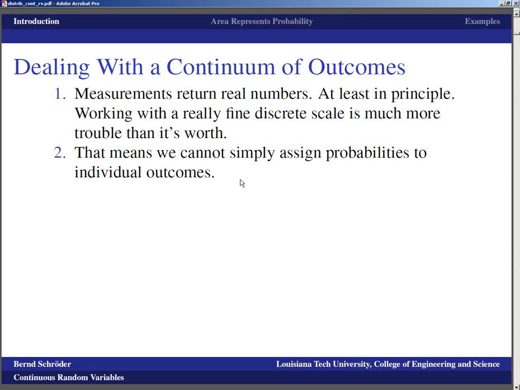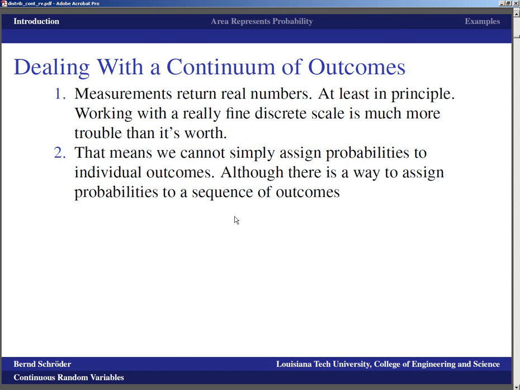And so basically that means we really have to make friends with this idea that we no longer have discrete outcomes, and one of the first consequences is that when you're working with a continuum of outcomes, then we cannot simply assign probability to individual outcomes, because there is a way to assign probabilities to even an infinite sequence of discrete outcomes, but, and there are some very good abstract reasons behind that, the continuum of real numbers, the interval from negative infinity to infinity, even the interval from 0 to 1, cannot be represented as a sequence.